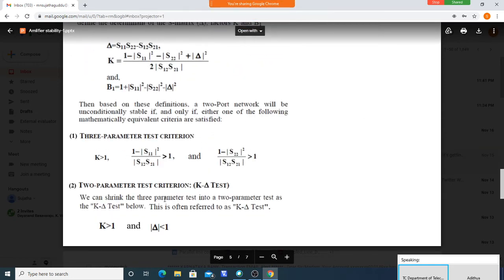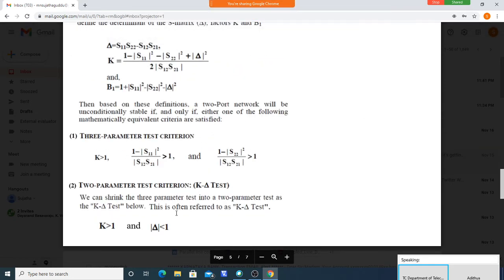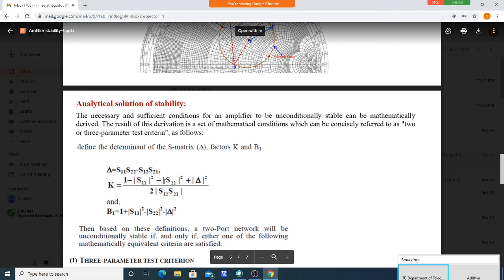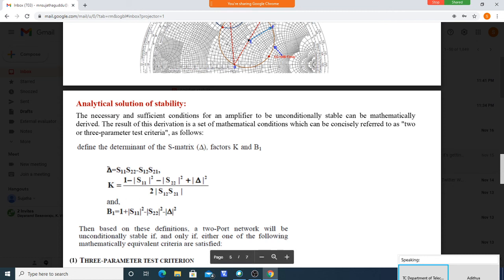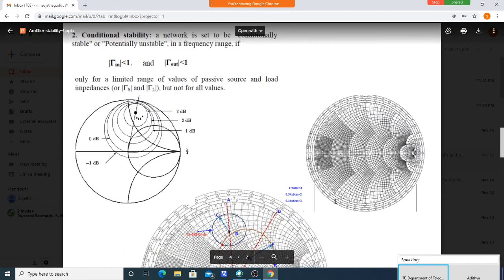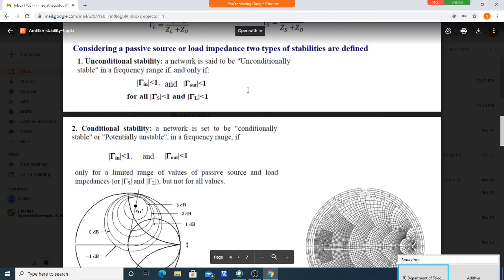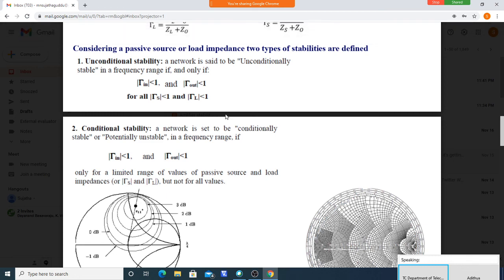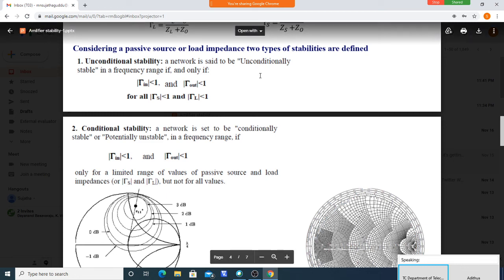Okay, we will see this in the next class. This is the way you calculate the values of delta, K and B1 using these parameter values. You can say whether the amplifier is conditionally stable or unconditionally stable.